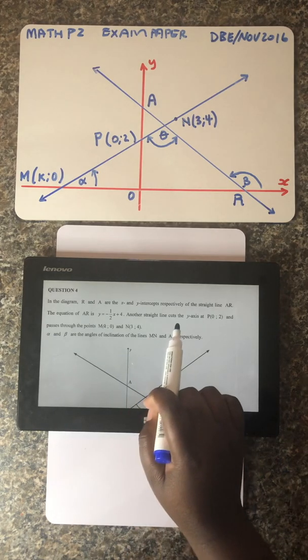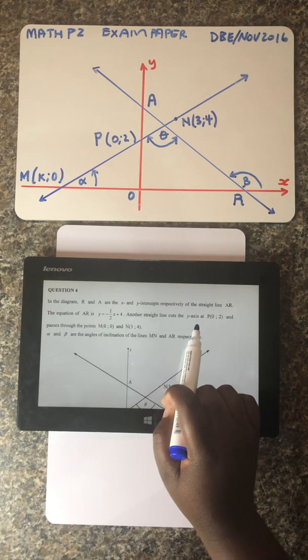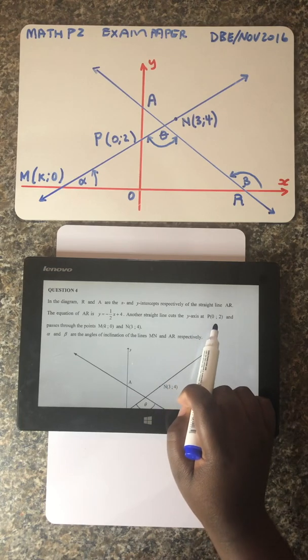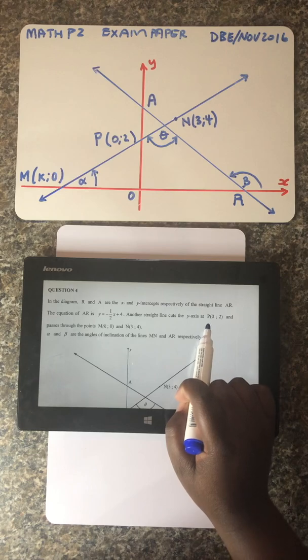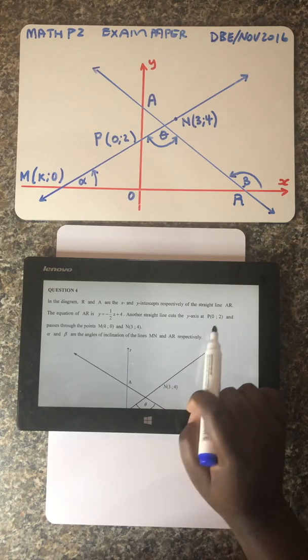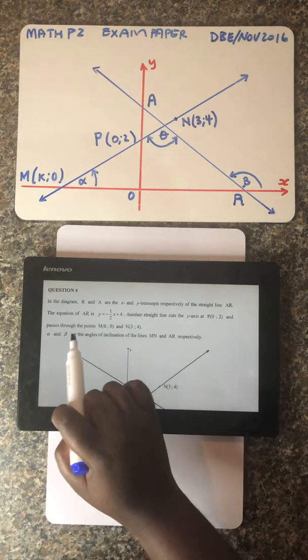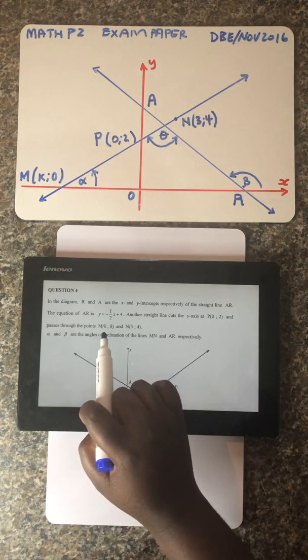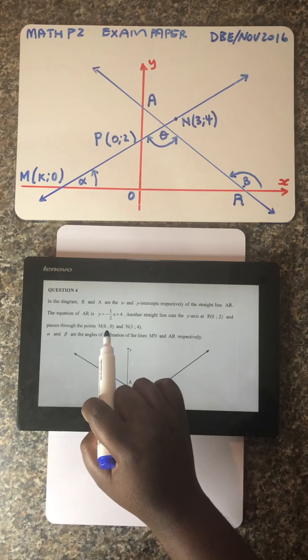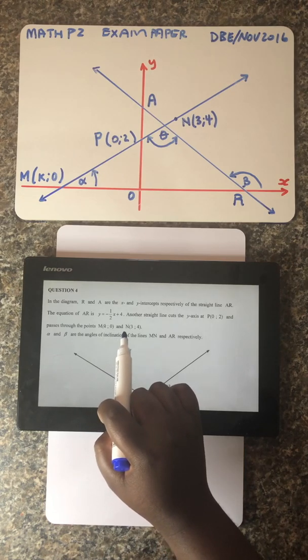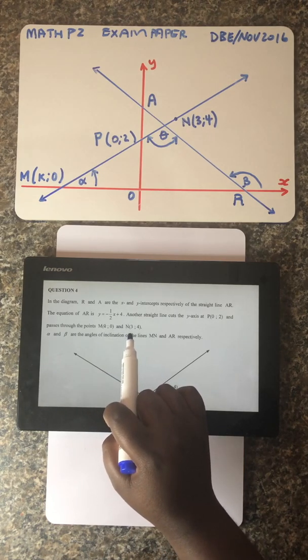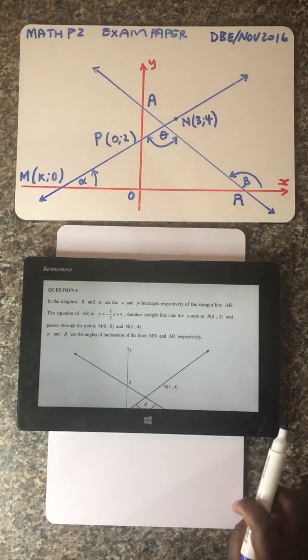Another straight line cuts the y-axis at P, where obviously the x value is 0 and the y value is 2, and passes through the point M, where x is k, y is 0, and N, where x is 3 and y is 4.